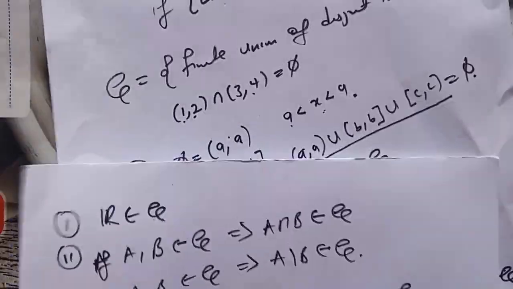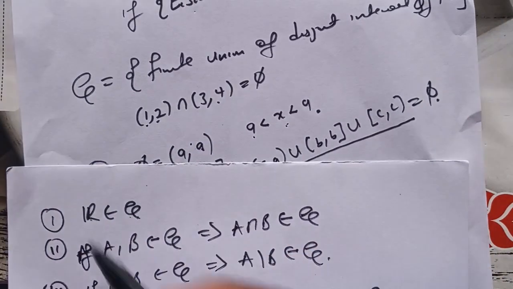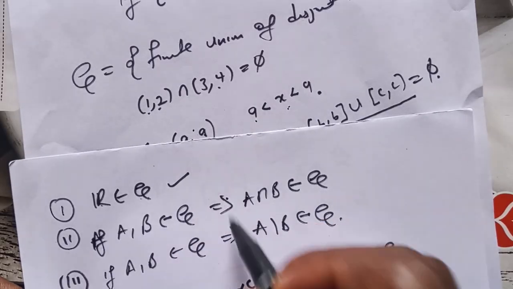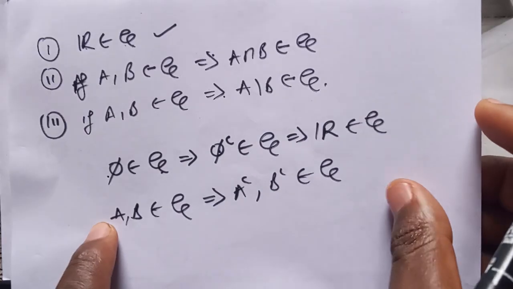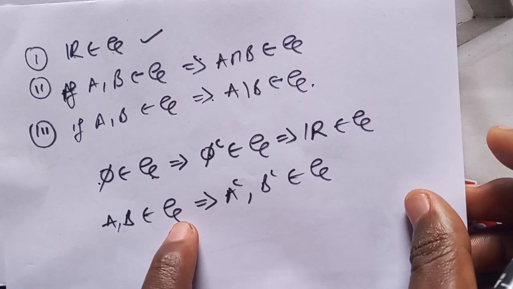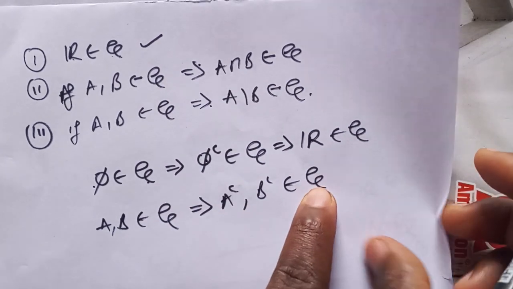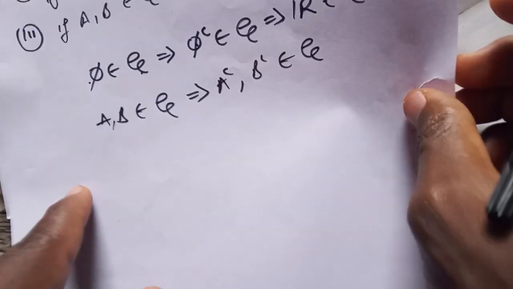Remember, we are saying that this is an algebra. We are trying to prove this proposition. So I've done showing this. It's remaining these two, right? Now if A and B are in the algebra, then by definition of algebra, its complement must also be in the algebra.